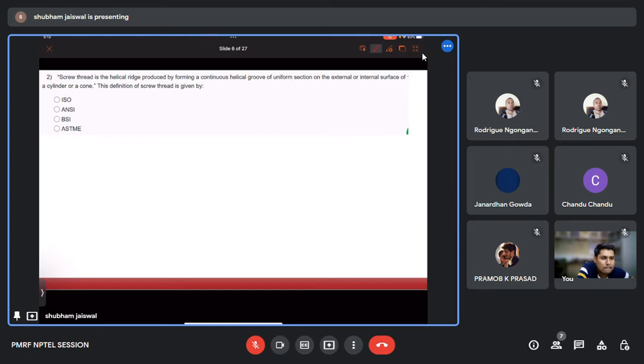Anyone? Okay. So, Mr. Chandu, you are wrong. This definition, that the screw thread is the helical ridge produced by forming a continuous helical groove of uniform section on the external or internal surface of a cylinder or a cone, is given by ASTME.